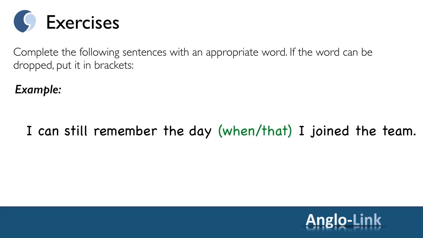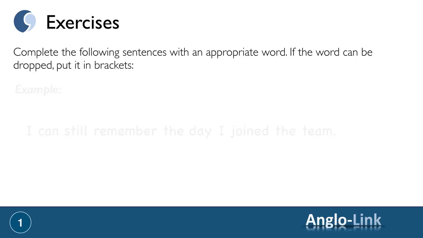I can still remember the day when or that I joined the team. And you can drop the relative pronoun here, so we've put them in brackets. I can still remember the day I joined the team. Okay, let's begin the exercises.